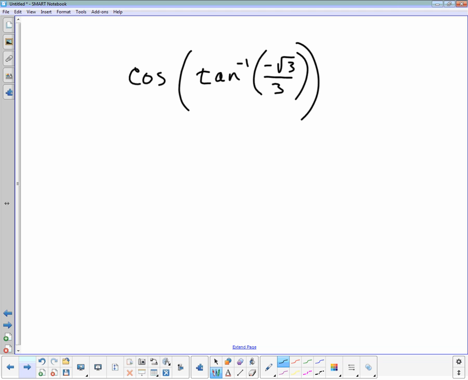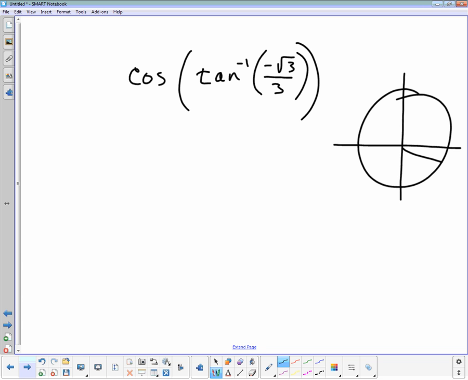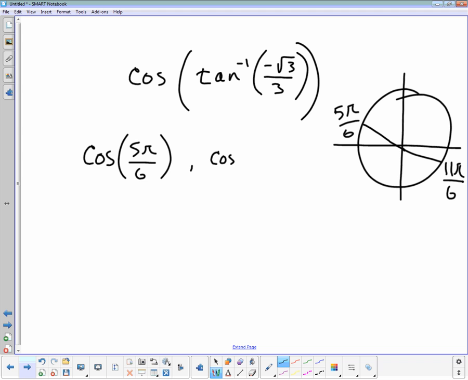But it's negative. So what does it have to look like? Negative small slope. It's like that, right? 5 pi over 6 and 11 pi over 6. And both of these simplify to what?